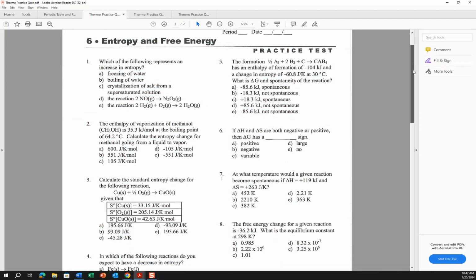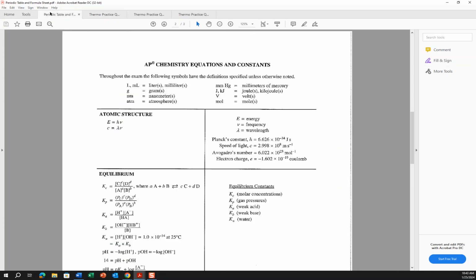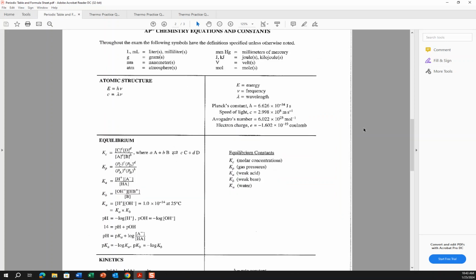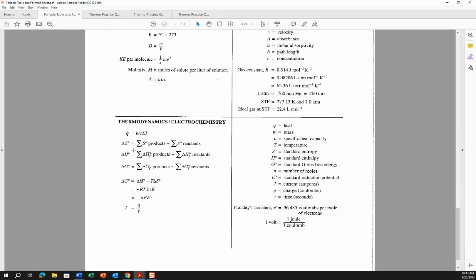Okay. And then notice on this quiz, you are given the standard thermodynamic equations on your AP chemistry sheet. But notice this section here doesn't have the R values. On the actual AP chemistry formula sheet, you're given the R values. So we can go to the actual formula sheet for the AP exam and notice you've got your thermo equations. And then notice you also have the R values.